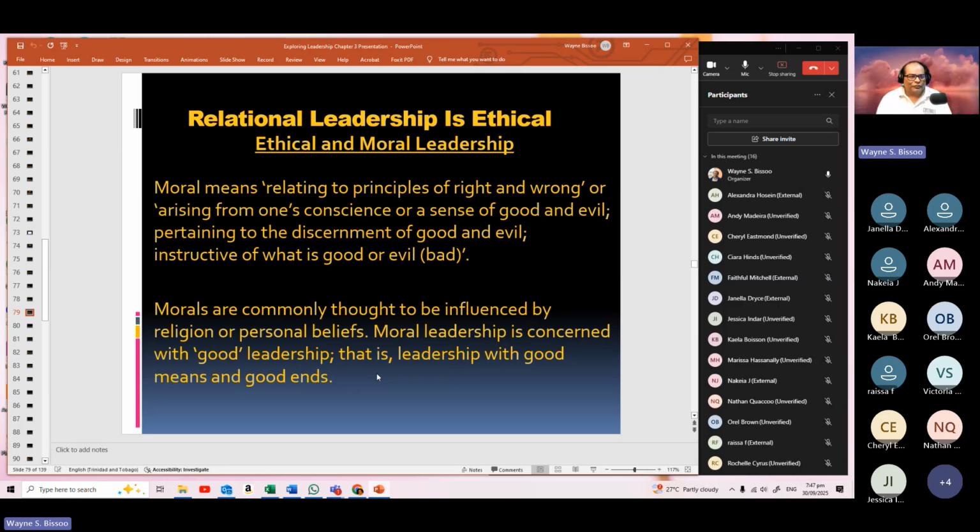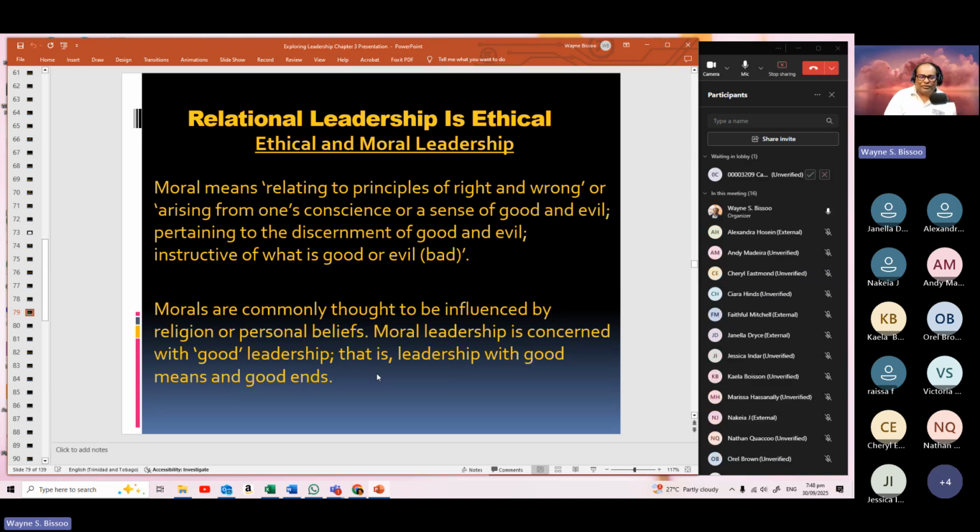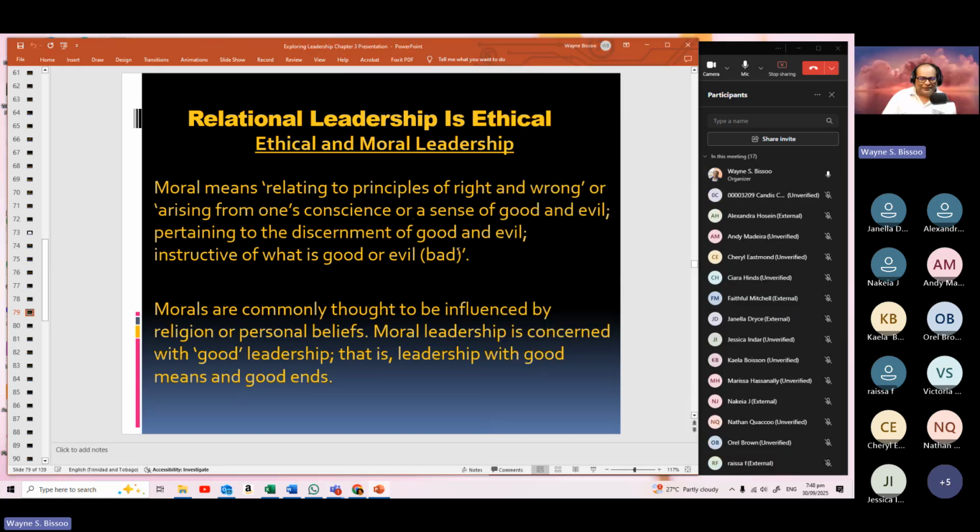All right. So, if we talk about ethics and now we talk about morals, what does that mean? These are principles related to right or wrong, arising from one's conscience or one's sense of good and evil.